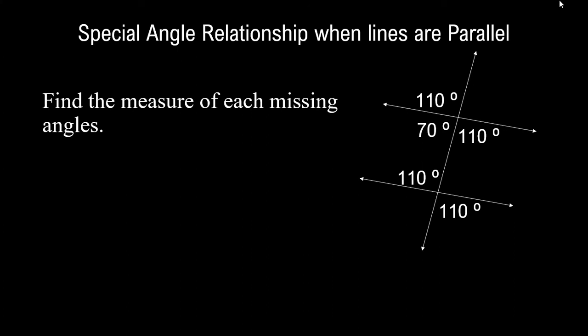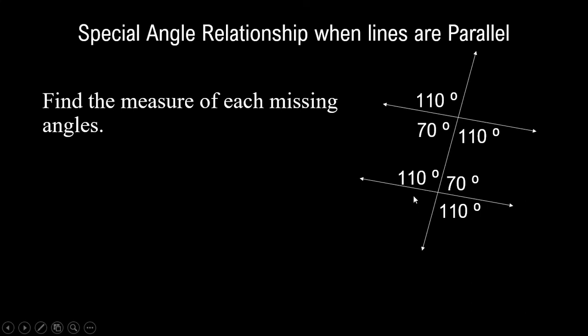So 110 plus 70, we have 180 degrees. Okay, next. This angle and the alternate interior angle, which is this one, are congruent. So the measure of this angle is also 70.